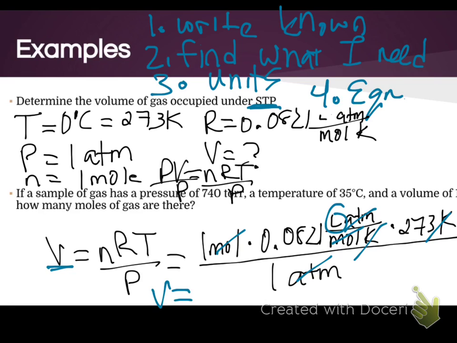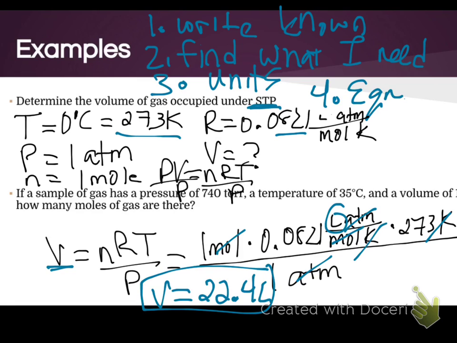So the V, let's see here. I don't really have defined significant figures because STP is a defined temperature, but I guess we'll pick 273 as our limiting. We also have 3 in the R value that I picked. So I'll just go 22.4 liters. And this is the exact relationship that we predicted from before.